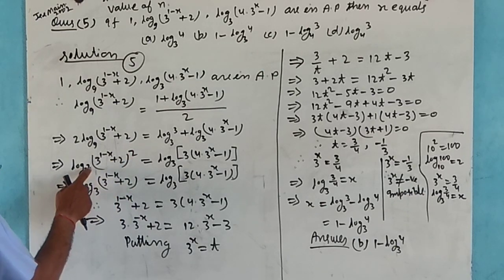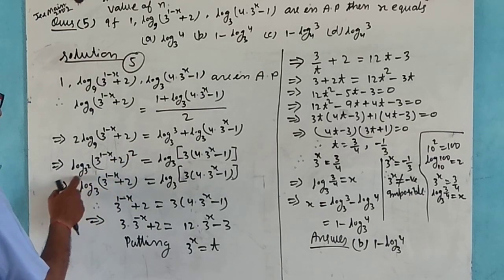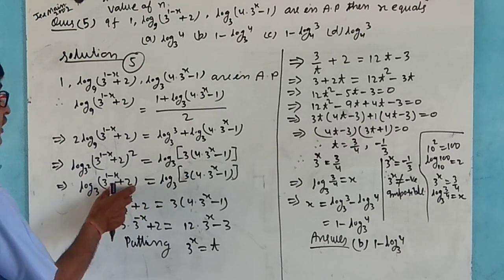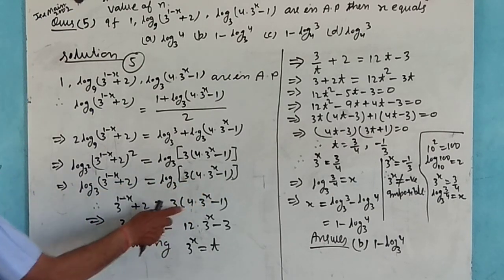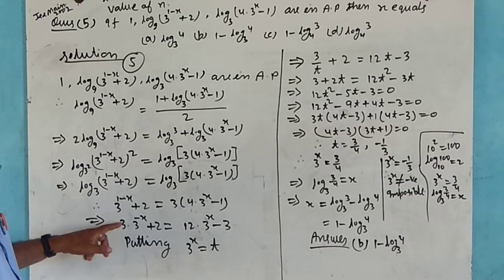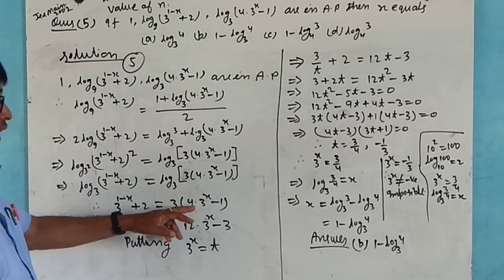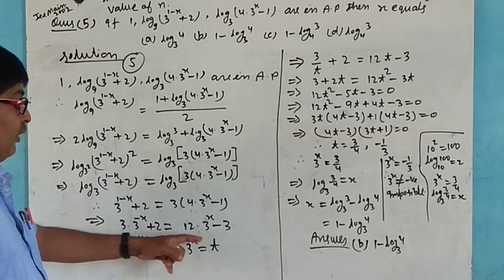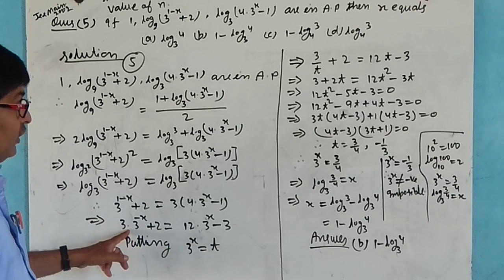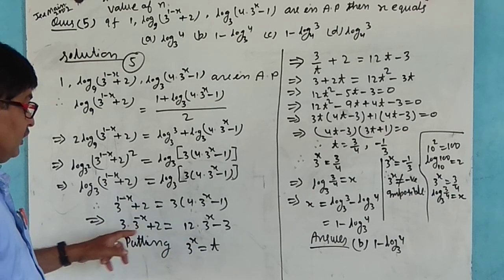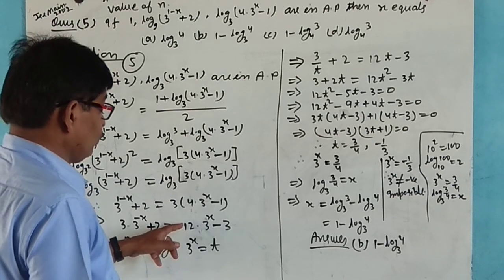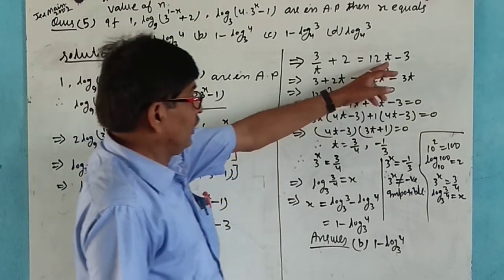So this can be removed. Here log 3 and log 3 cancel, this term and this term equal to 3 to the power 1 and 3 to the power minus x, and putting 3 to the power x equal to t. So 3 by t plus 2 equal to 12t minus 3 here.